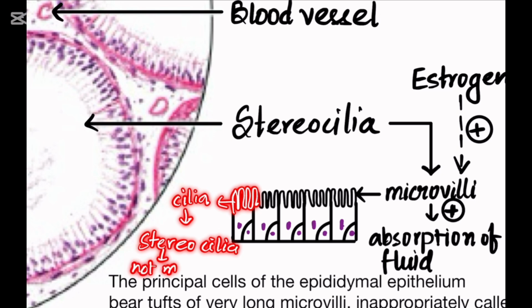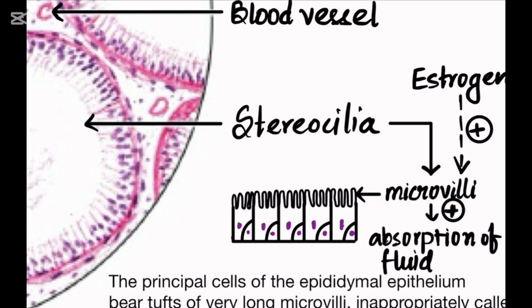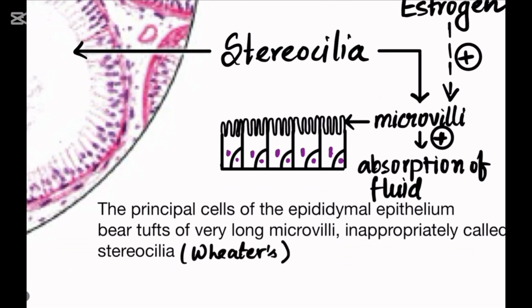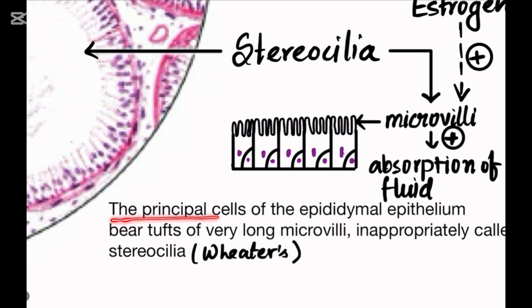Stereo means non-motile cilia. So in reality, these are microvilli. However, under microscopy, they were confused to be stereocilia, so people have continued using the term stereocilia. This is the exact line from Wheater's: The principal cells of the epididymal epithelium bear tufts of very long microvilli, inappropriately called stereocilia.